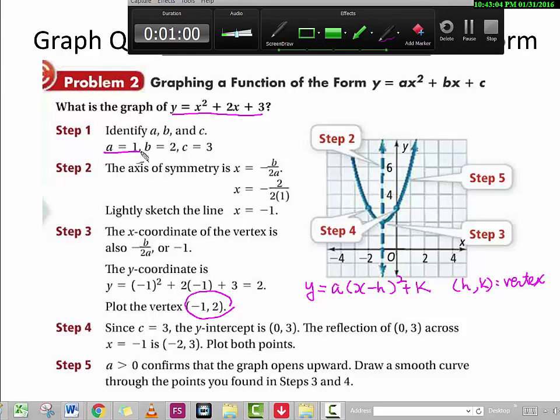We also know a is equal to 1 right here, and h is negative 1, so we have x minus negative 1, be really careful on this one, squared plus k is 2. So the vertex form of this quadratic function is 1 times x plus 1 whole squared plus 2. Of course, we can take away the 1 here, so x plus 1 whole squared plus 2.